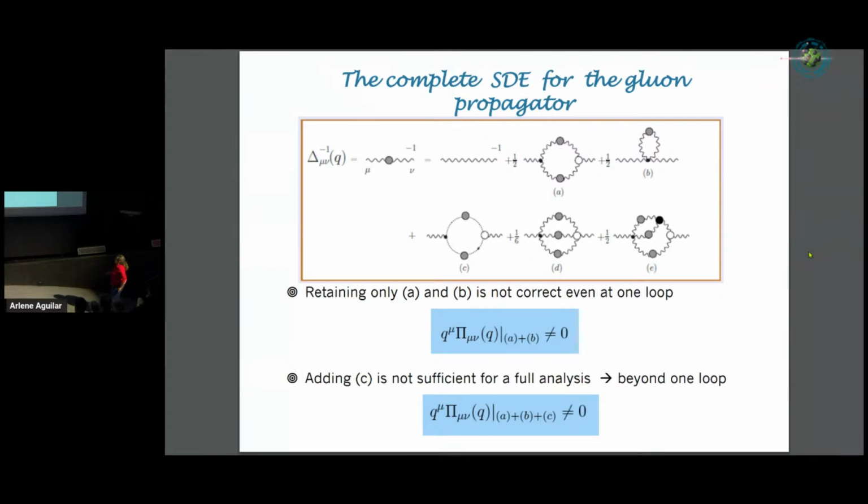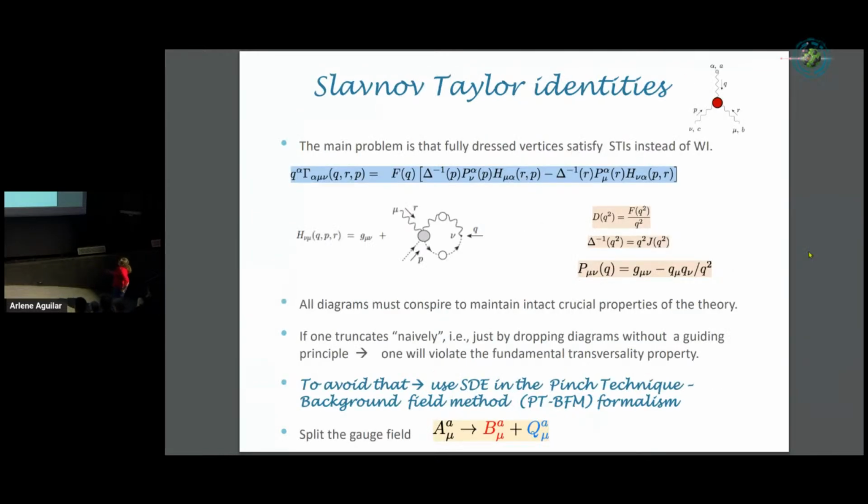Okay, it's impossible. And this is so because the vertices satisfy Slavnov-Taylor identities. One example is the Slavnov-Taylor identity that the three-gluon vertex satisfies, written here, where delta is the gluon propagator, the inverse of the ghost propagator.